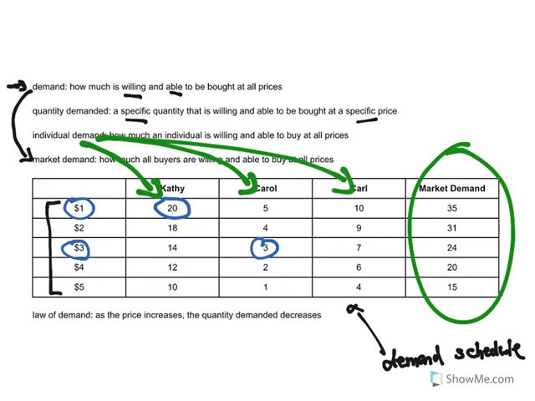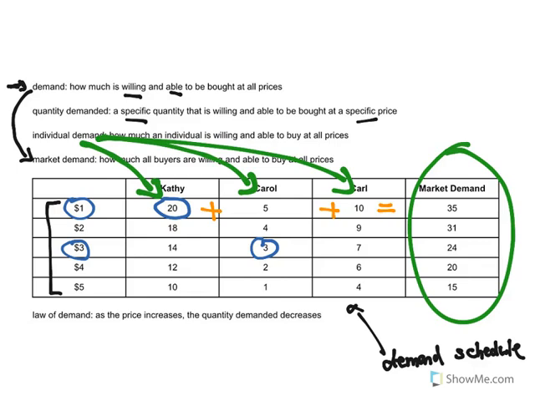Individual demand is how much one person is willing and able to buy in that market. Market demand is how much all buyers are willing and able to buy in a market at a given price. The way we calculate that is, and again, there's a lot of colors going on here, we add up all the individual demands together. So if you look at that first row, the market demand at $1 is 35.